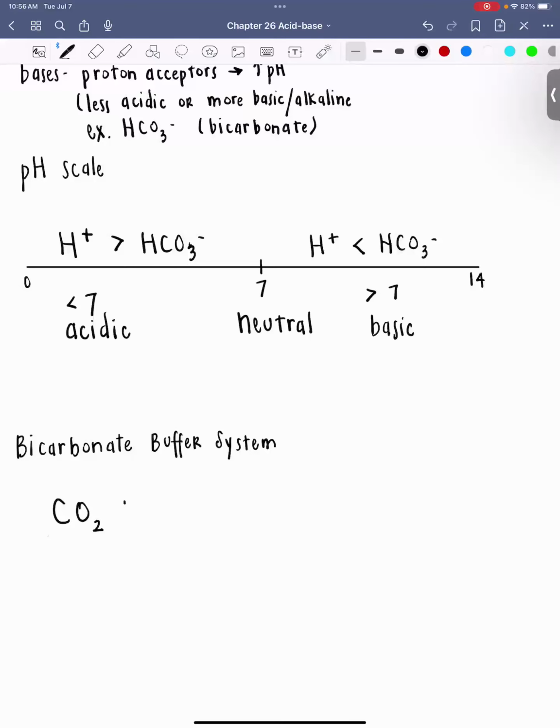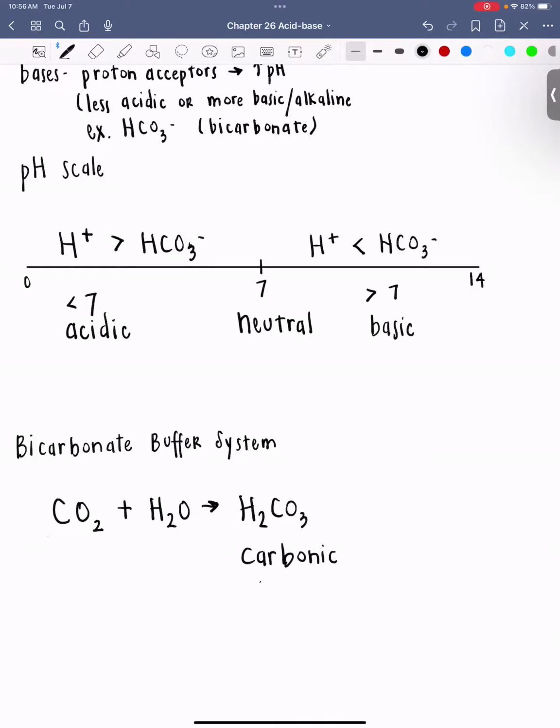So carbon dioxide enters the blood and it dissolves in water. This forms carbonic acid, H2CO3.